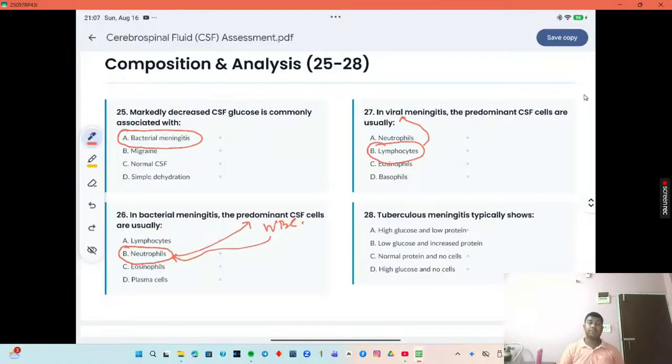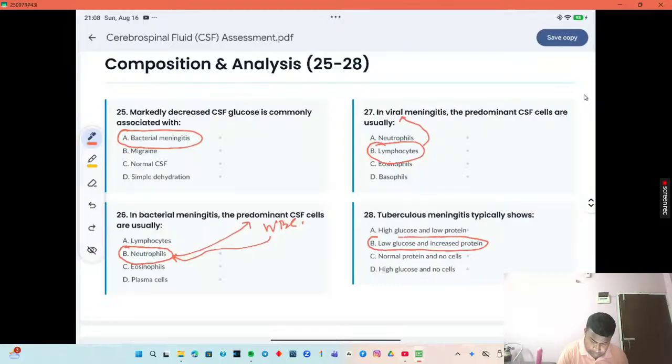Okay. Now the question is given as tuberculous meningitis typically shows. So what does tuberculous meningitis show us? Tuberculous meningitis shows us low glucose and increased proteins.